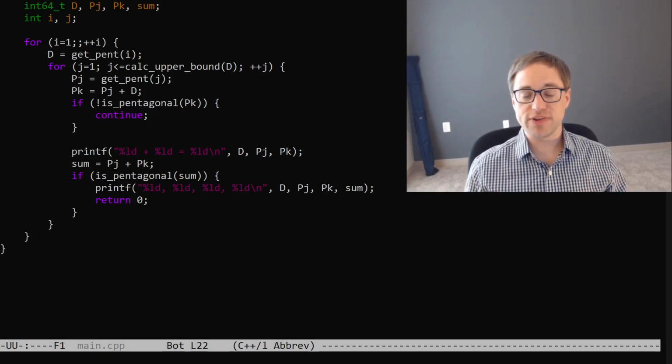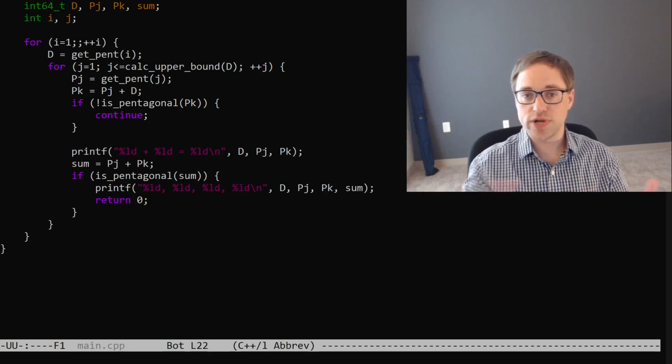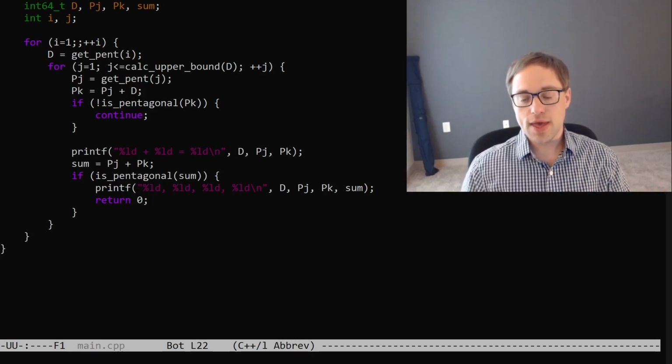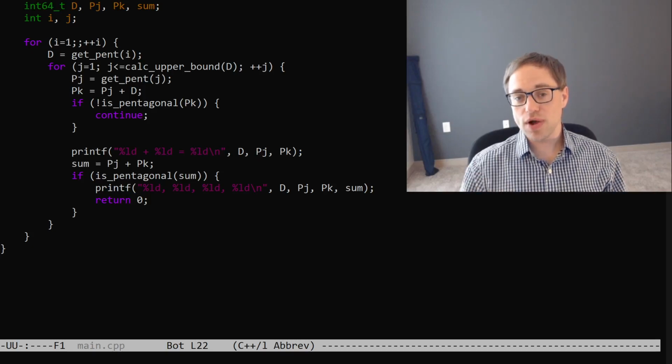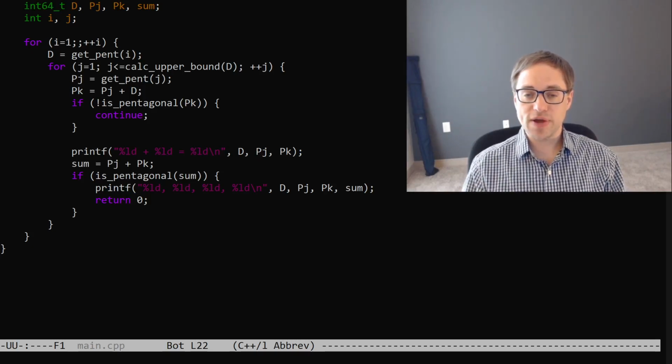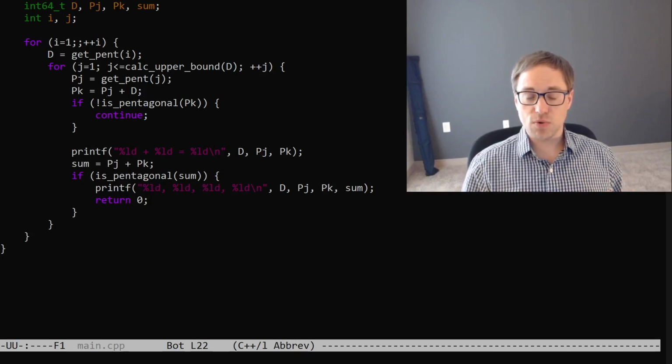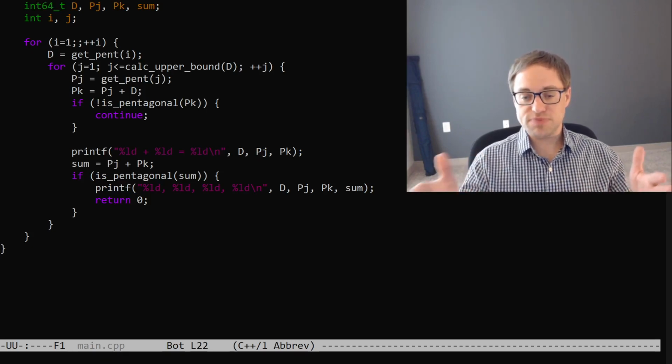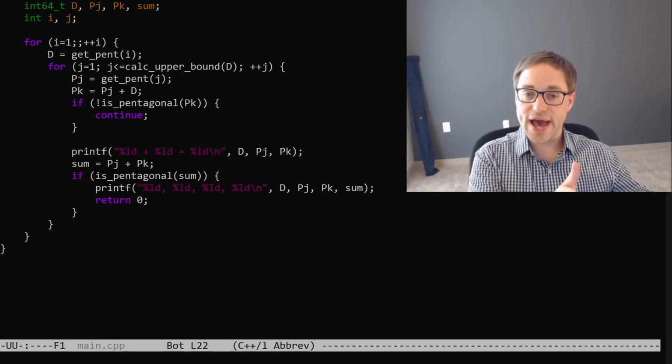And the idea of binary search is you have some large list of items which are sorted in ascending order, and you want to find out if your item is somewhere in the list. And you start by checking the middle item and comparing that to yours. And if, for example, it's greater than your item, you know that your item must be in the lower half of the list.